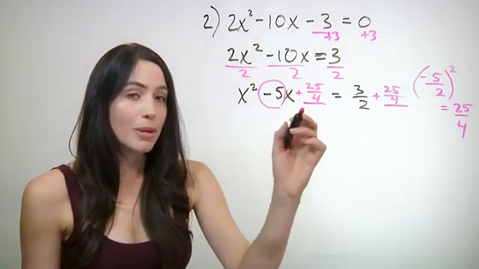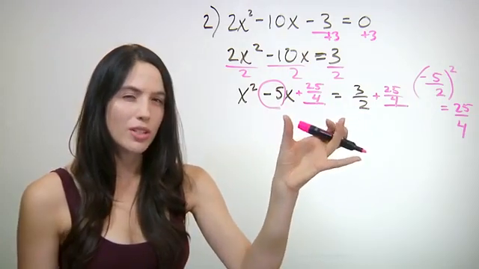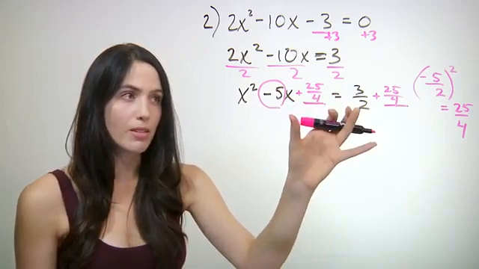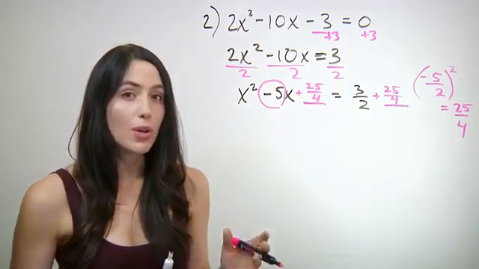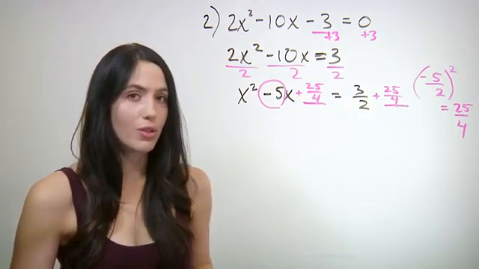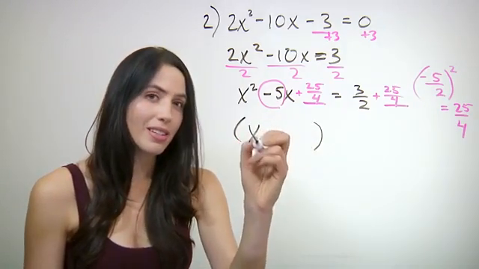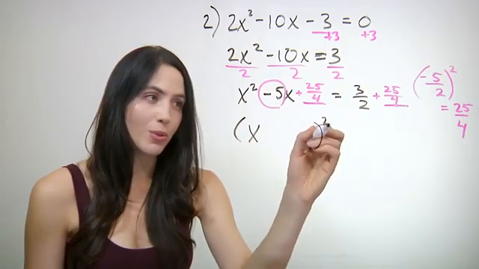Now you added the same number to both sides because you don't want to change the overall value of the equation. You want to keep it balanced. And what this lets you do immediately after is write the left-hand side as a perfect square, meaning x plus or minus a number squared.